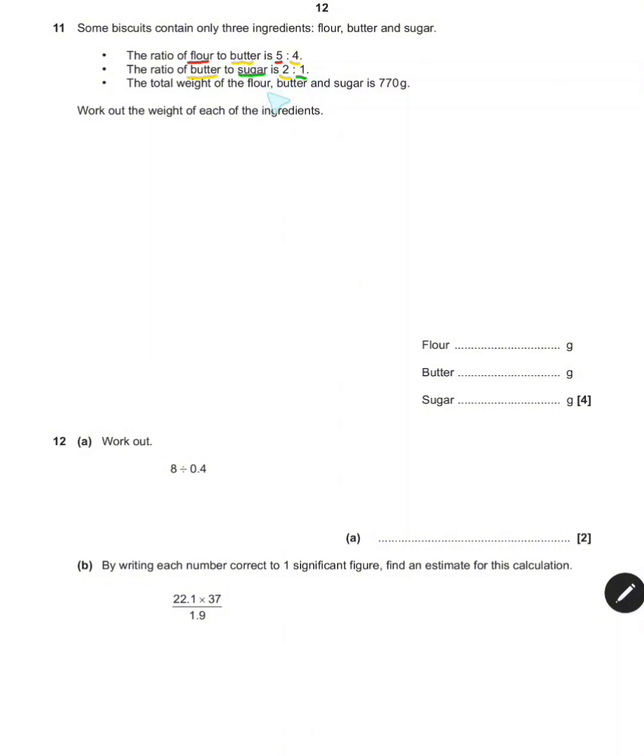And what we're looking for is flour, butter and sugar together. So I'm going to rewrite those ratios down. We've got flour is 5 parts, butter is 4 parts. That's the first ratio. In the second ratio, we've got butter is 2 parts, and then we've got sugar is 1 part.